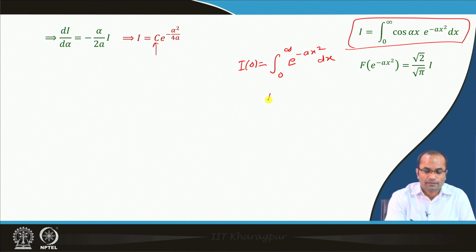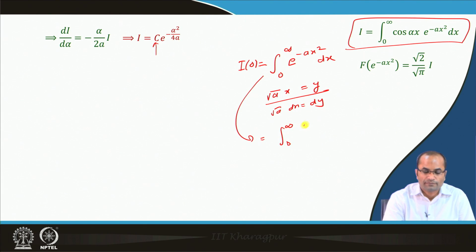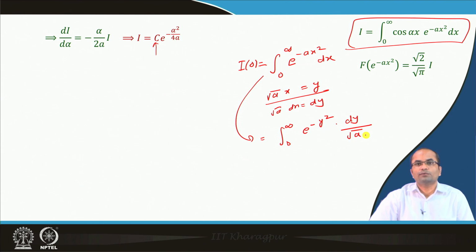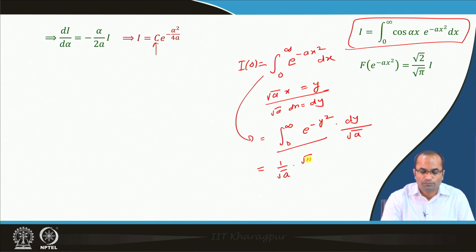So, if we take a substitution here, square root a x is equal to y, that means square root a dx is dy, and then this integral will become 0 to infinity, e power minus y square, and this dx will be dy, and there will be a factor square root a. So, this value will be 1 over square root a, and the integral of e power minus y square dy, that is square root pi by 2.